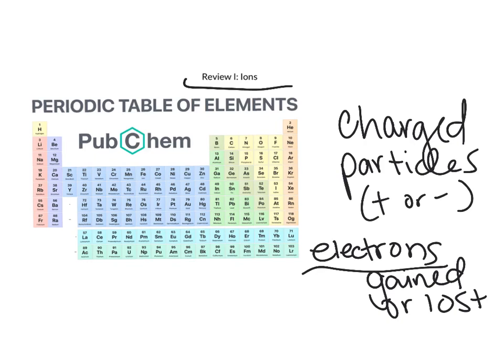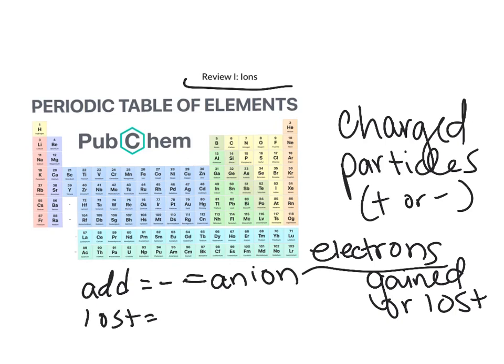If an electron is added, it is going to be a negative charge, and we call that an anion. If it is lost, then it is going to have a positive charge, and that is a cation. So cations are positive, and anions are negative.